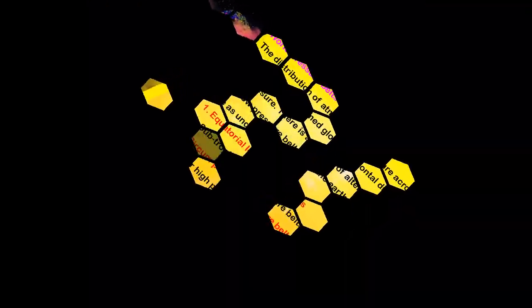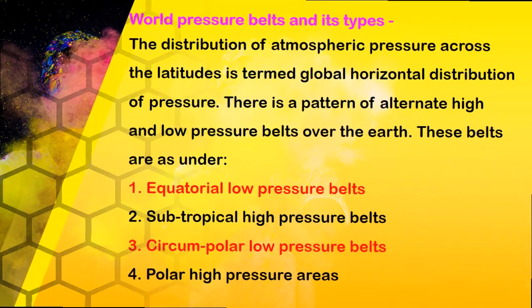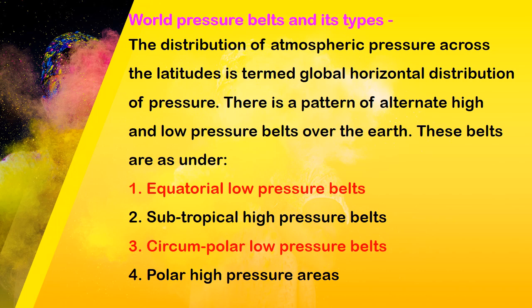Next is world pressure belts and their types. One can see four types of pressure belts. One is equatorial low pressure belts, second is subtropical high pressure belts.